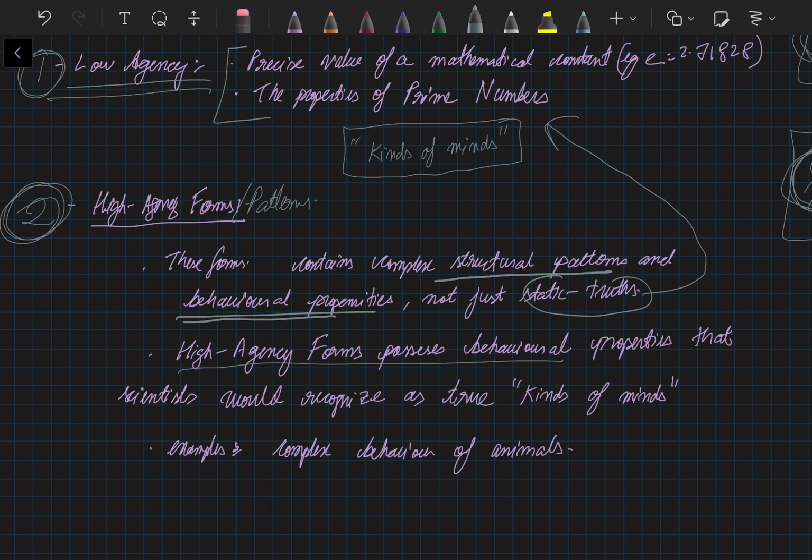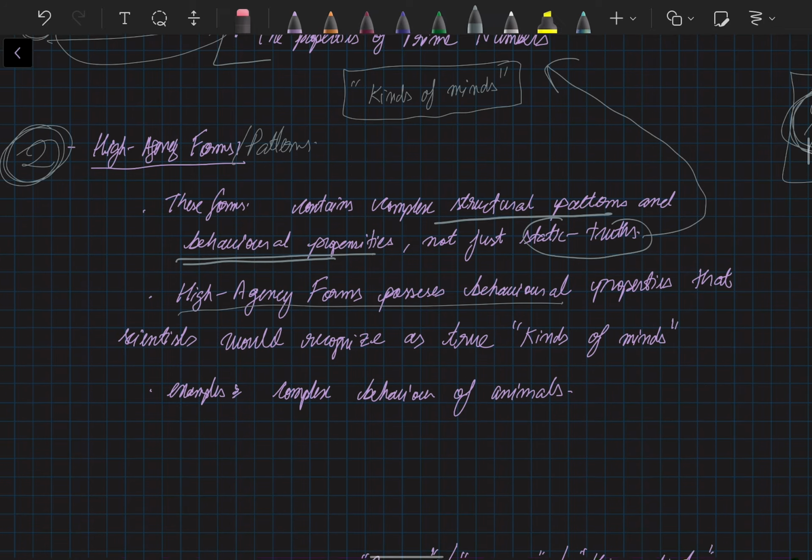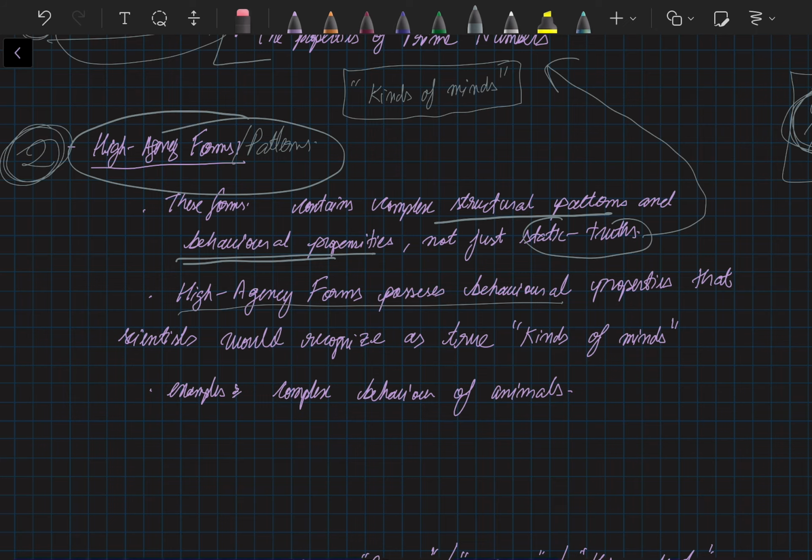But when a low agency form accesses a physical form and we look at it, we don't say it is alive because it's very static in nature. But as I've said, when a high agency form accesses the physical realm or ingresses into the physical realm, we identify it as something living.